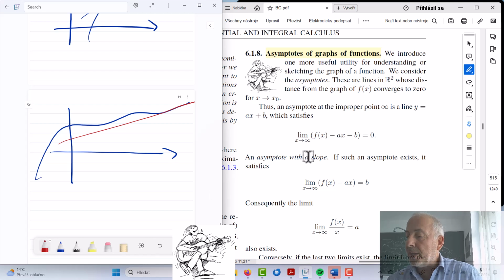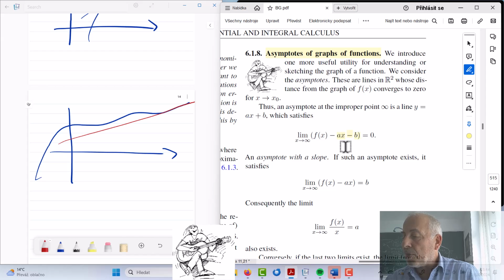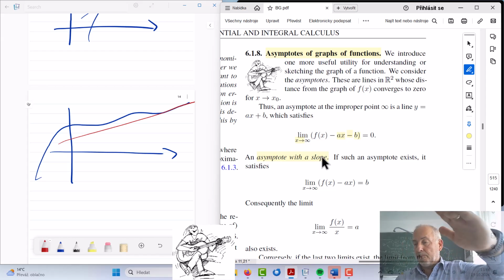And how to get it? Well, we take a general formula for a line, and we want the function to behave exactly as the line at infinity. So it means that the limit for x going to infinity should be 0. And that's the so-called asymptote with a slope.